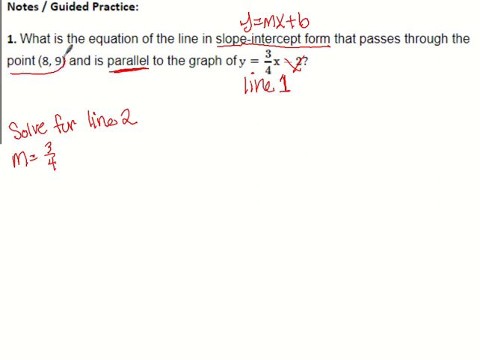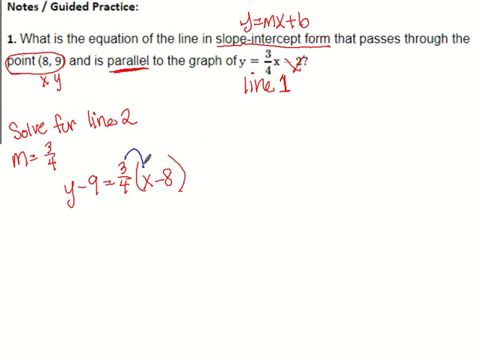So what we're going to do is use point-slope form to find the rest of the information. So I'm going to take this point, this is my x and this is my y. I'm going to go y - 9 = my slope, 3/4, parentheses, x - 8. So let's distribute first.